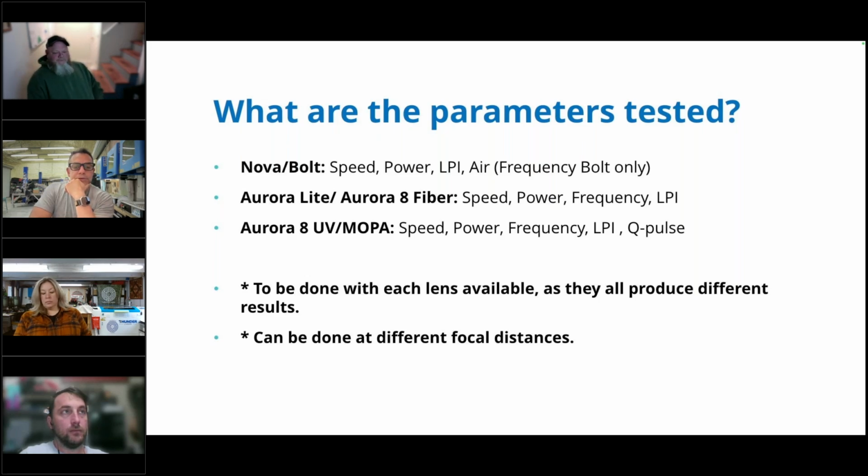Yeah, on the fiber testing, there are so many variables that you have to pick a static one, and usually it's two. Say you're going to run 20% power and 1,000 millimeters per second, but then you have your variables, which would be frequency and Q pulse. And then you just create different tests with different powers and speeds. This way, there are not so many different factors confusing the situation.